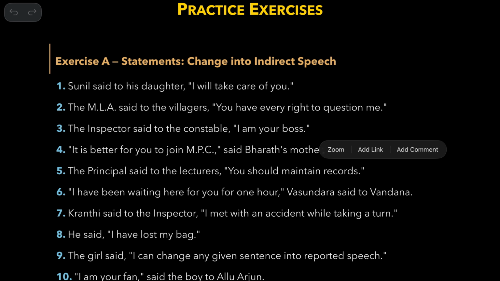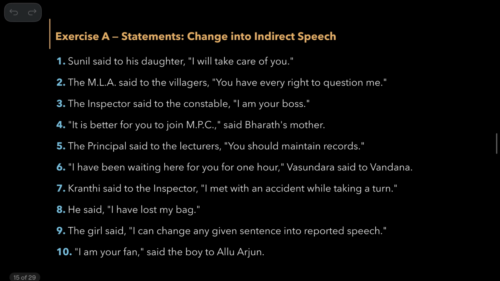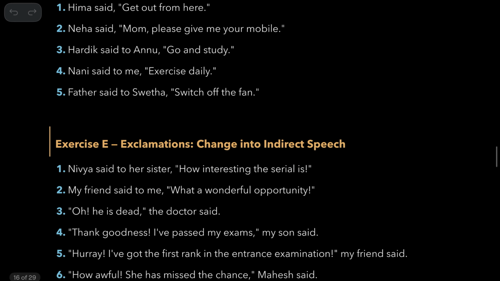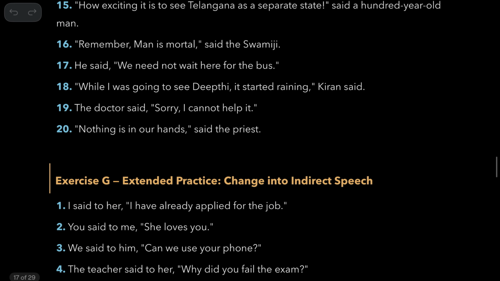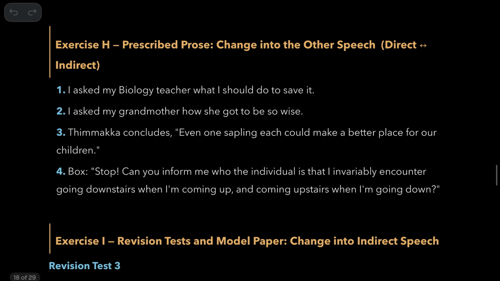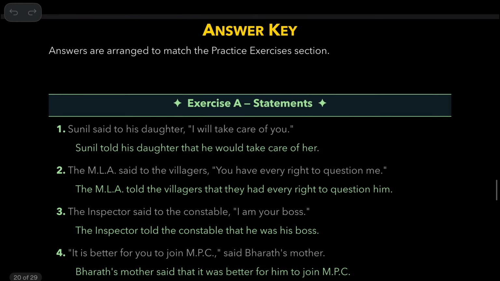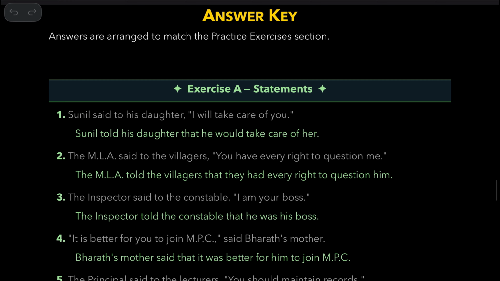So there are some exercises, and I will take you to the answer key directly. There I'll explain some of the difficult and confusing questions. I'll also give the key. Now this is the answer key. Sunil said to his daughter, "I will take care of you."